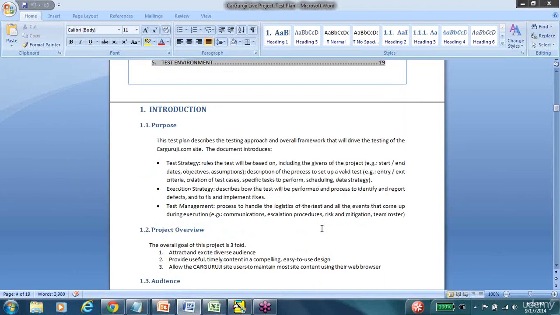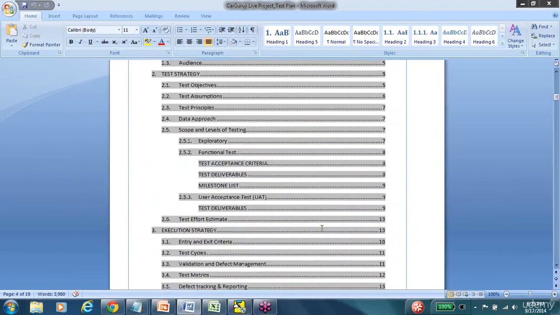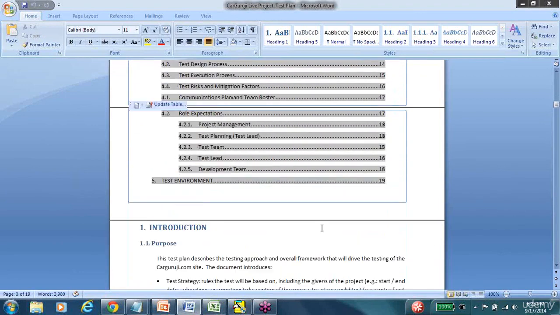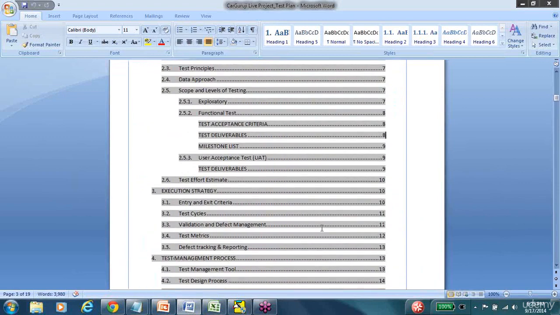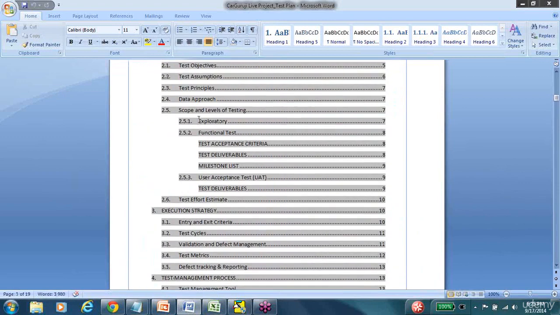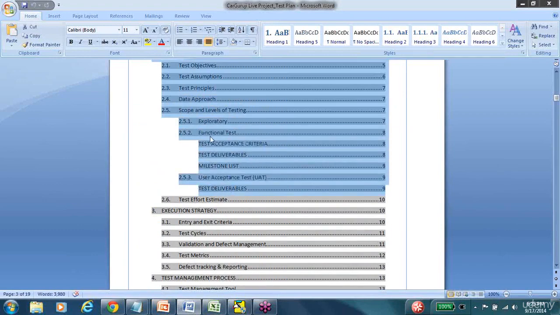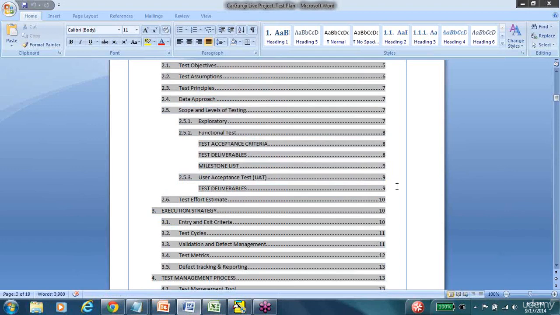All right, let's move on to the test plan document. Again, take a keen look at the table of contents, always very insightful. Now, one thing I can talk about off the bat is that when we talk about scope and level of testing, there's UAT, there's functional, then there's exploratory testing. Now, why do you think UAT is part of this?